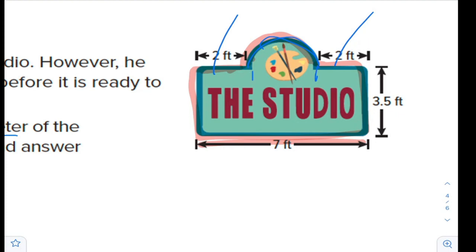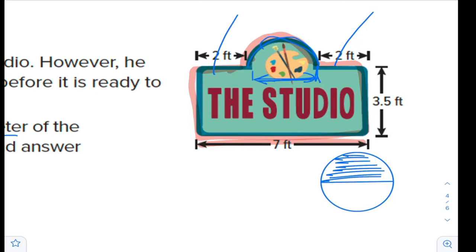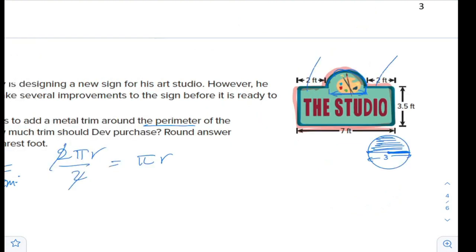So this part is 3, and this is the diameter of the circle. This is the circle originally. We are dealing now with the upper part only, half of the circle. From here to here, it's 3. So the radius is half of the 3, which is 1.5.